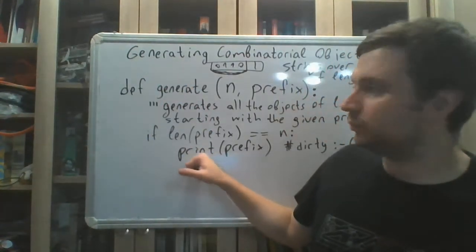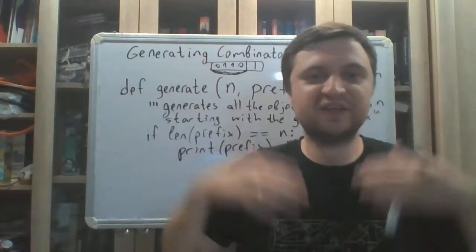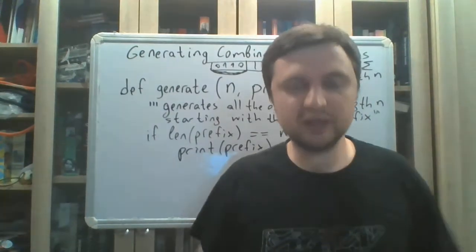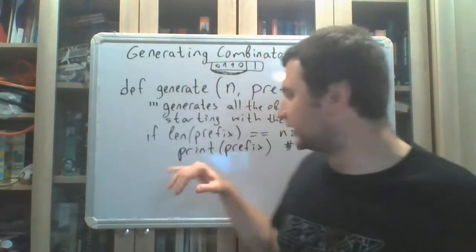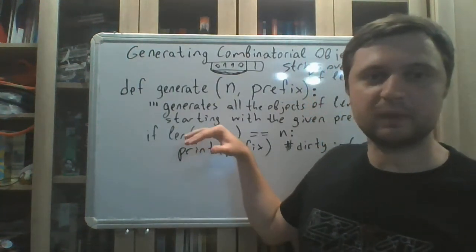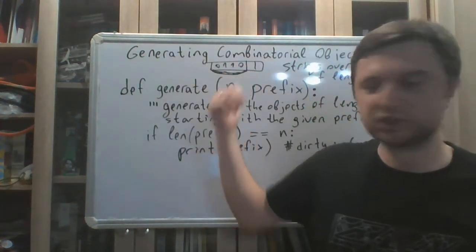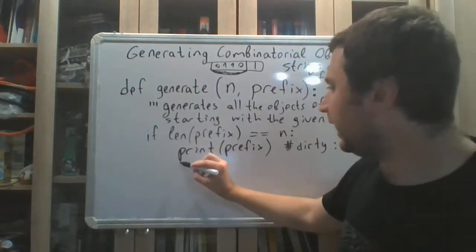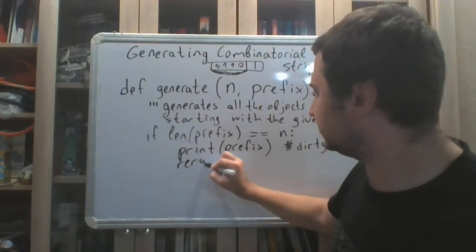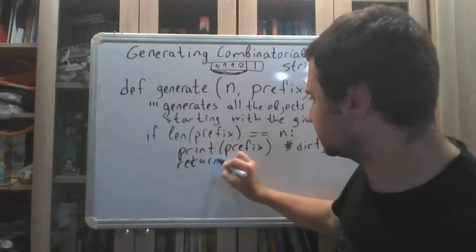So here you will run some other function that does the actual work with the next and next and next objects. So you run a function that processes the object, for example, print it to the screen. And you don't have to do anything else in this case.